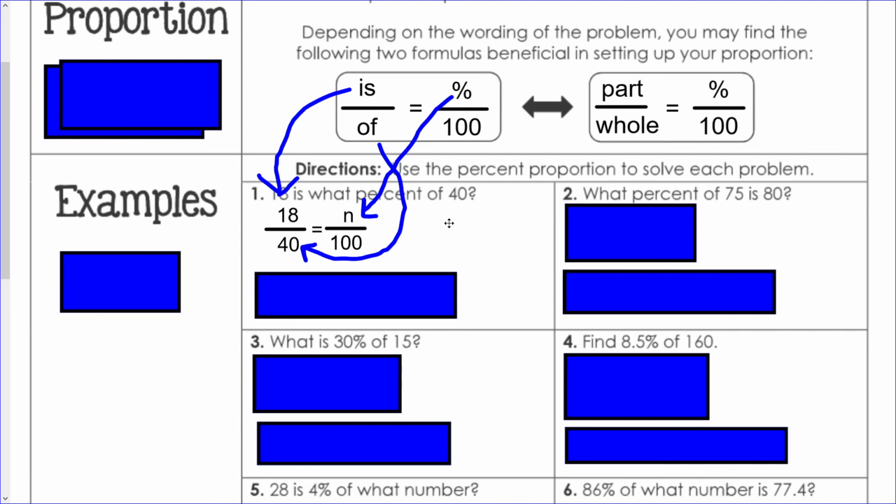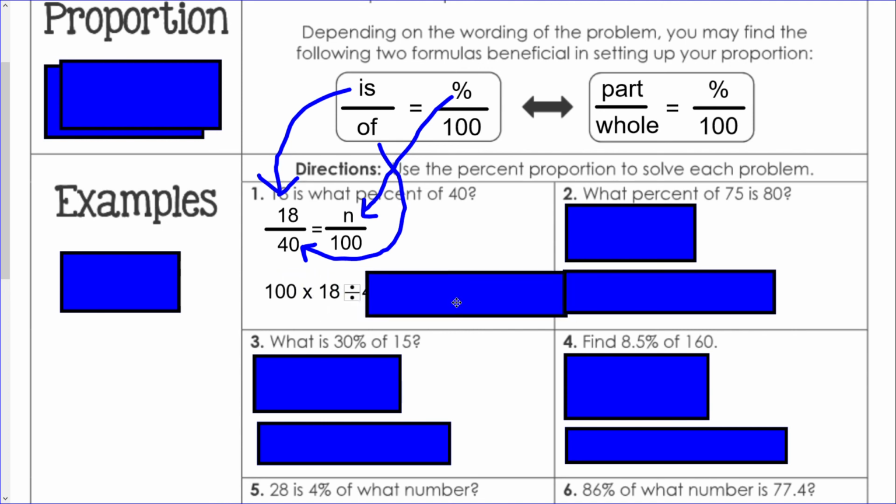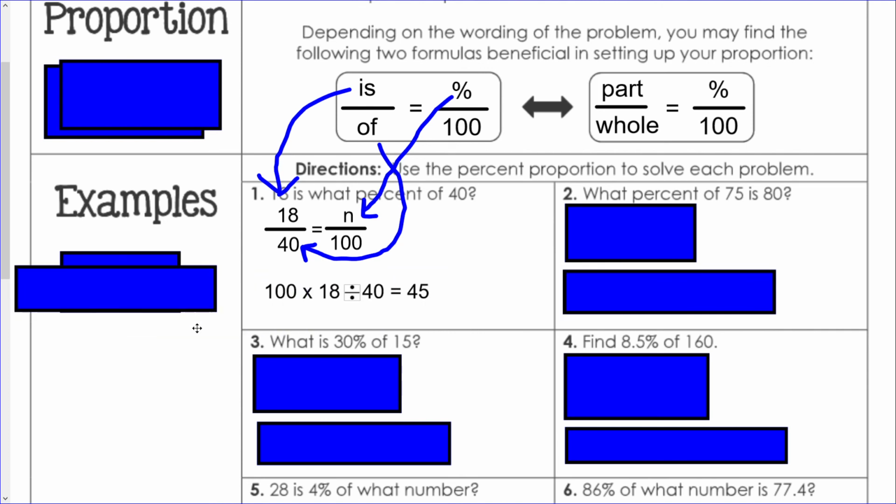I would suggest in almost every example that we use on this worksheet, you will want to use the cross multiplication method. So that would be multiplying 100 times 18 or 18 times 100, it doesn't matter, but again going across and then divided by the other number. So you would do 100 times 18 divided by 40 to get 45, so 45 would be your answer.